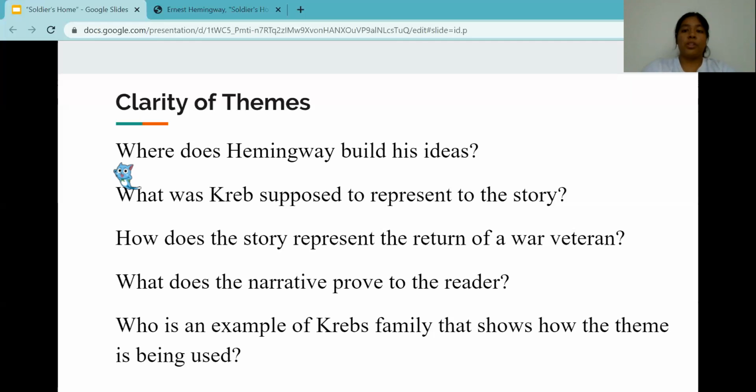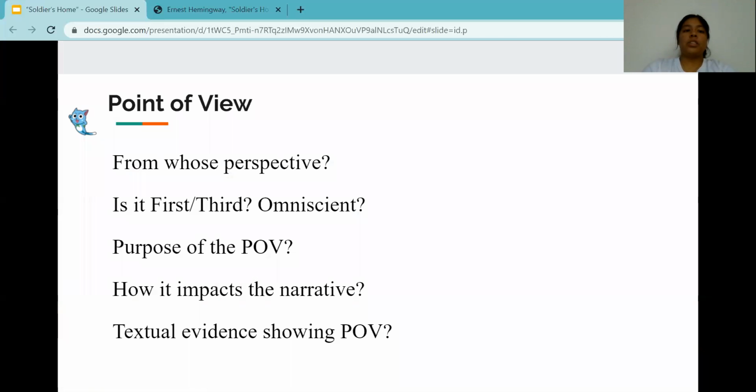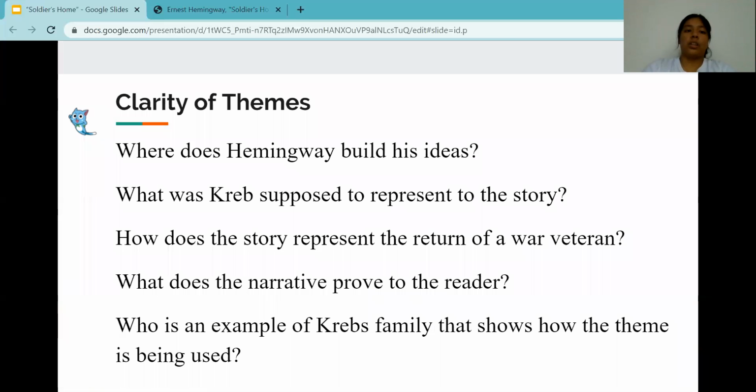Lots of these points will connect with each other, and hopefully that means that Soldier's Home will be a very collective idea for all of you, and you'll gain a better understanding because these could be used as possible theses for a future paper, possibly at the end of the lesson or the unit. There's no knowing yet, but each of you is tasked to focus on a smaller idea and tasked with the bigger thinking.